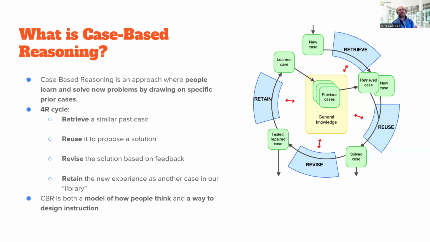Then we'll revise that solution, because not every problem is identical, so you'll need to revise it in some way based on feedback. And then you'll want to retain that as a new experience, which can be put into your case library so that you can always use it when you encounter similar problems. And that's the idea.